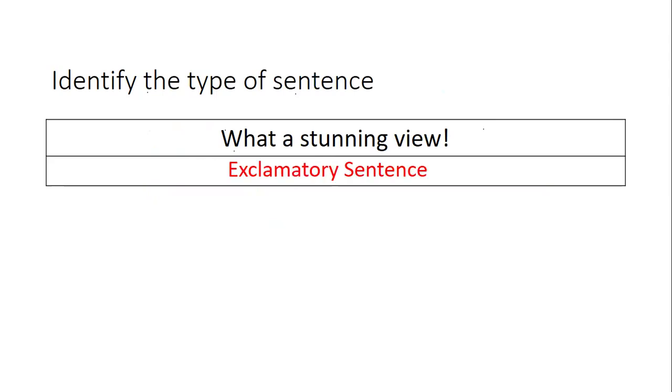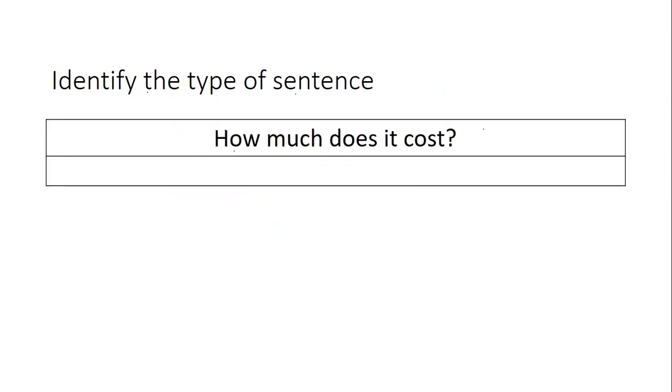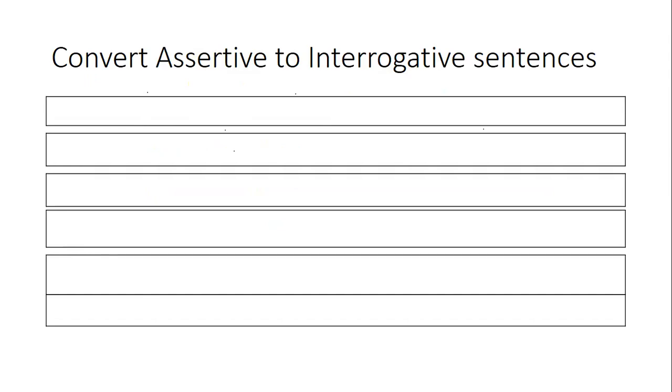Exclamatory sentence. How much does it cost? Question is asked. Interrogative sentence.